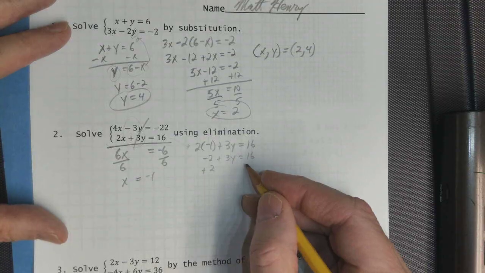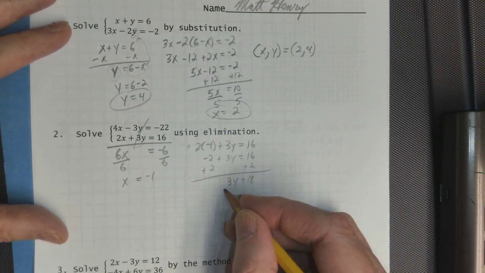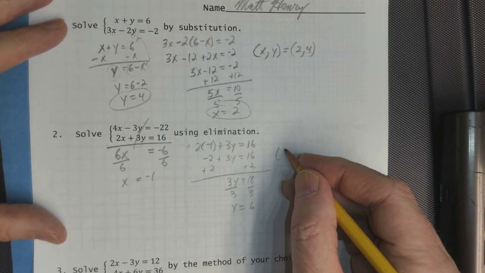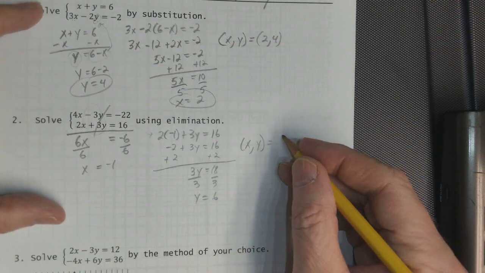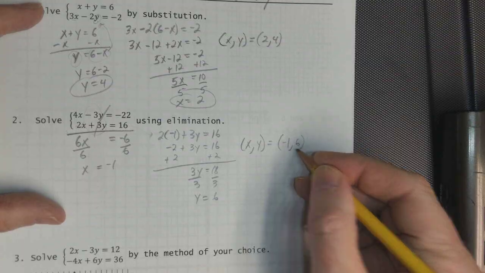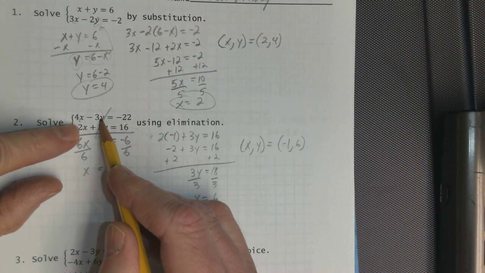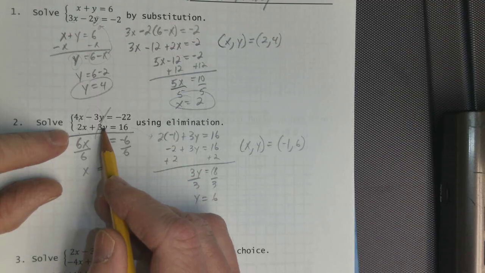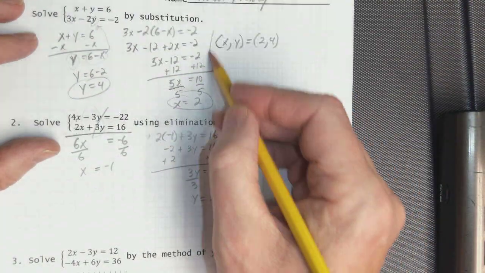Let's add 2 to both sides. 3y equals 18, and y equals 6. All right, so negative 4 minus 18 is negative 22. Negative 2 plus 18 is 16. I like the answer here.